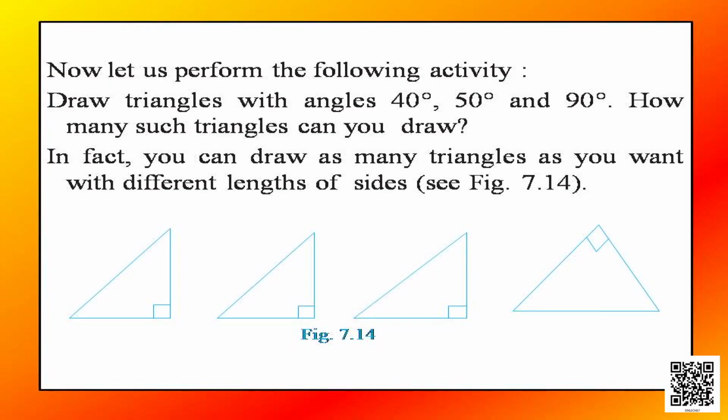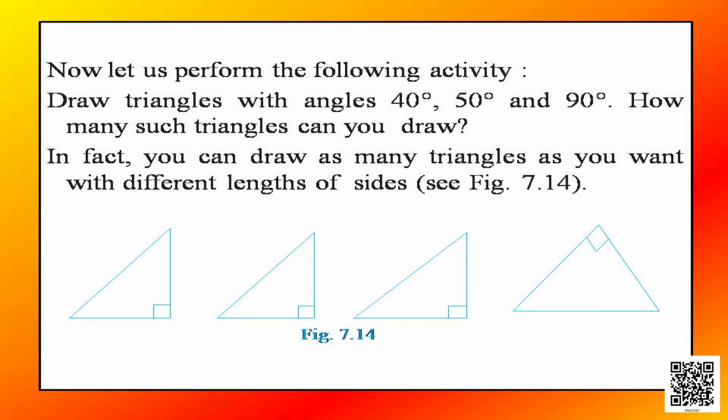Now, let us perform the following activity. Draw triangles with angle 40 degree, 50 degree and 90 degree. How many such triangles can you draw? In fact, you can draw as many triangles as you want with different lengths of sides. So, students, as given in your book, you can see there are 4 triangles.